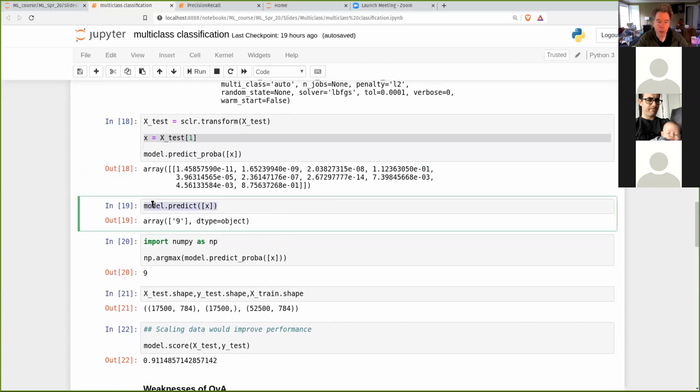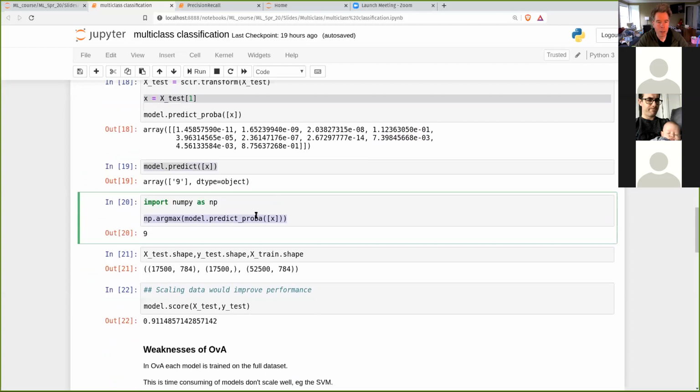This is just the prediction the model makes, according to the algorithm we just described. It's basically picking the argmax of the probability vector, which just says that the highest number is in the 9th slot.